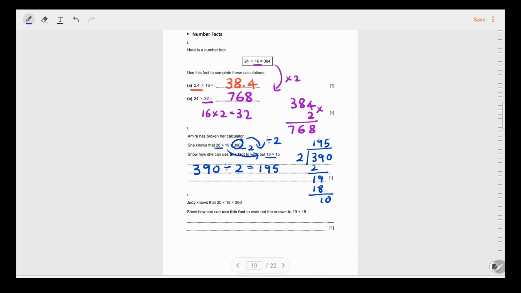So actually, since they want us to use this fact to work out the question, I would always recommend you to first show how you deduce that it's divided by 2.